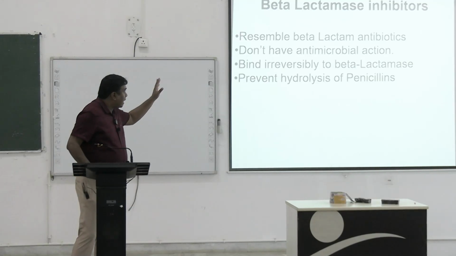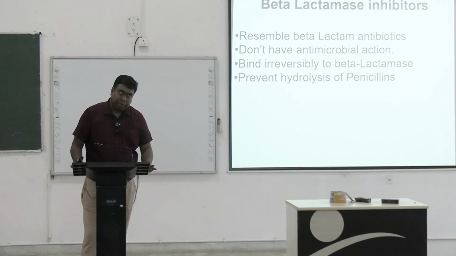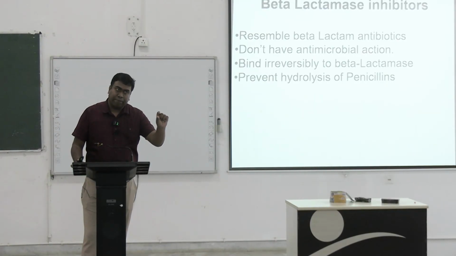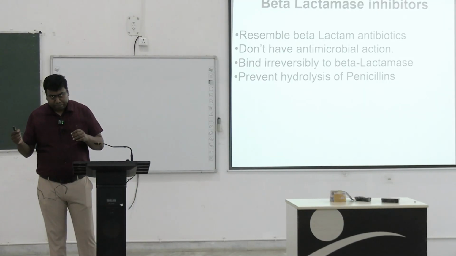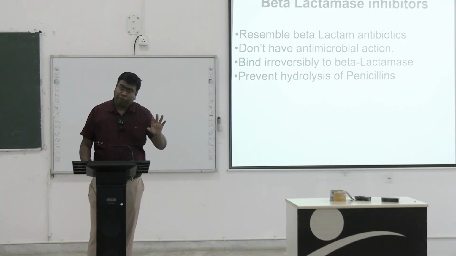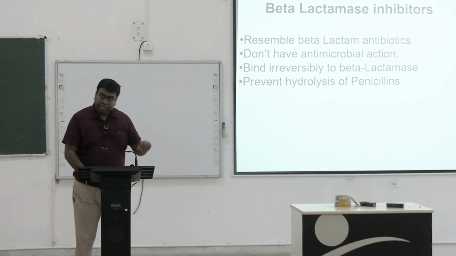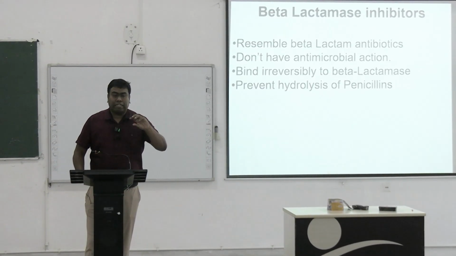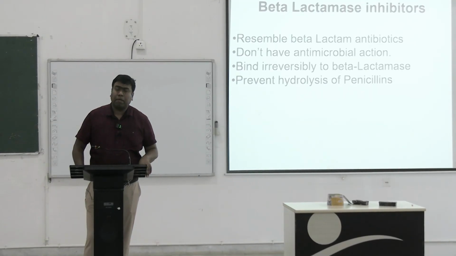So these beta-lactamase inhibitors don't have any antimicrobial property, but they have a beta-lactam ring. Clear? So now the organism which is producing beta-lactamase is going to break some beta-lactam rings. There are beta-lactam rings of antibiotics also, and for this beta-lactamase, the inhibitor's affinity is more than the beta-lactam ring of the antibiotic.